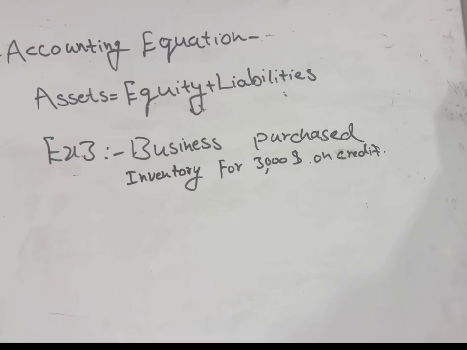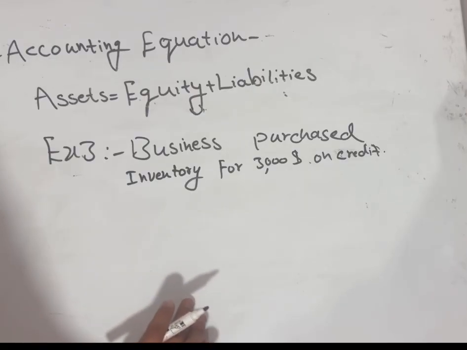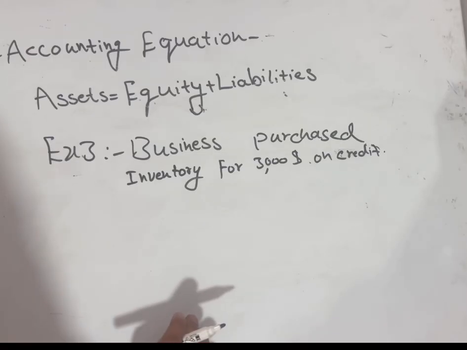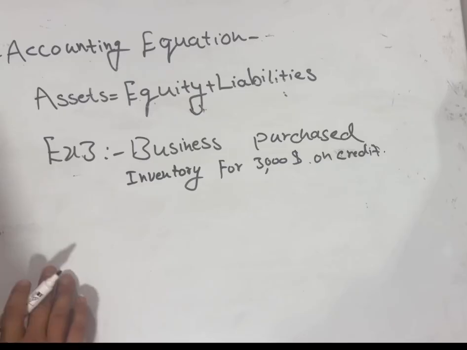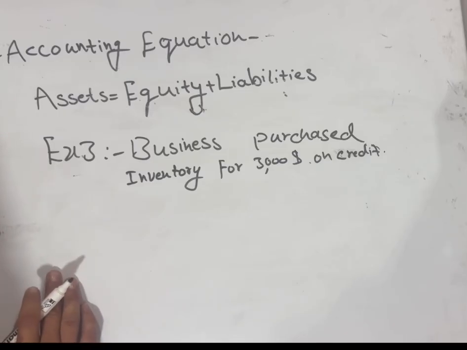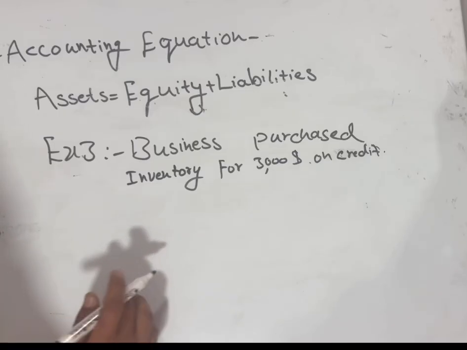For the next example, the business purchased inventory for $3,000 on credit. So we had $6,000 assets on the left side and $5,000 liabilities and $1,000 equity from the previous example. The business purchased inventory, which is an asset for the business, and it has increased by $3,000.